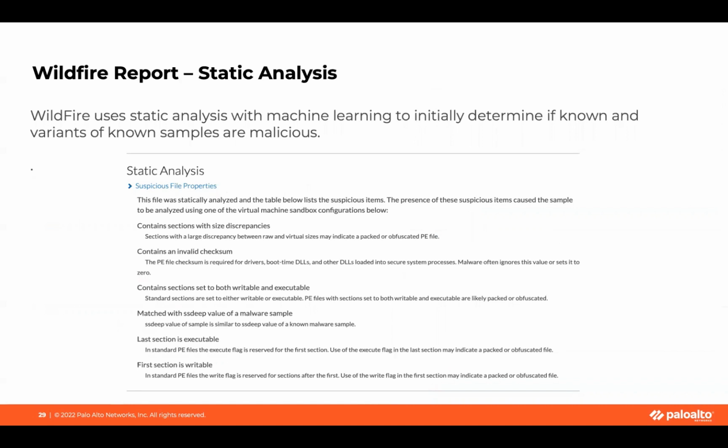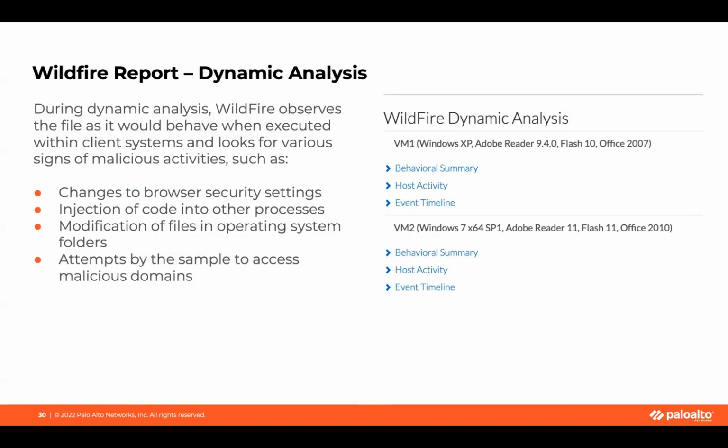A static analysis detects known threats by analyzing the characteristics of samples prior to execution. Dynamic analysis analyzes a file and examines it as it would behave when executed, and looks for activities such as changes in the browser setting, injection of code into different processes, modification of files in operating system folders, or attempts to access malicious domains.